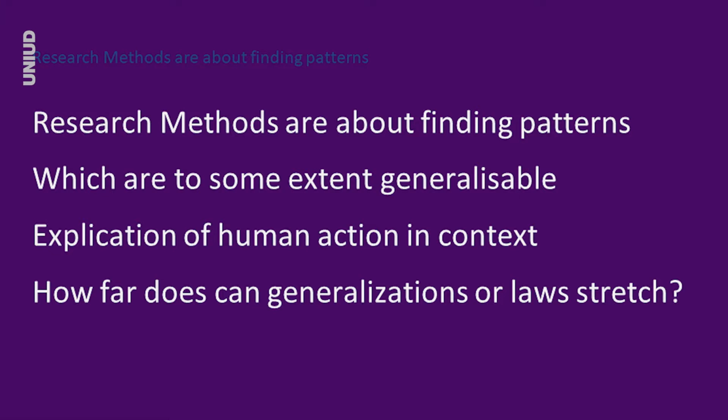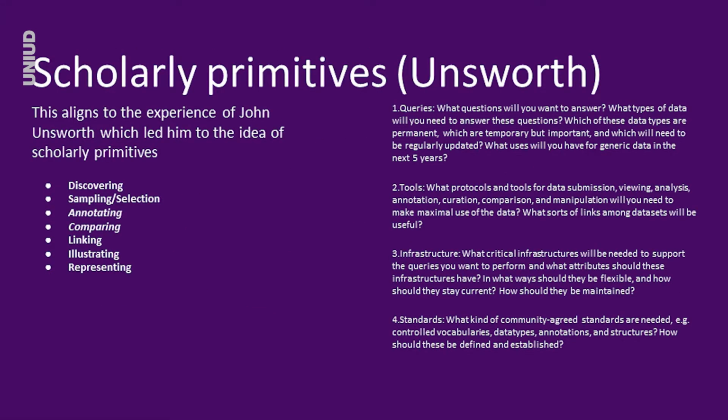So that brings us to two things, obviously. Unsworth's scholarly primitives. I actually think that this is a fairly comprehensive list. I've looked at methods and I find it very hard to find a humanities method that does not fit within the bounds of these scholarly primitives.